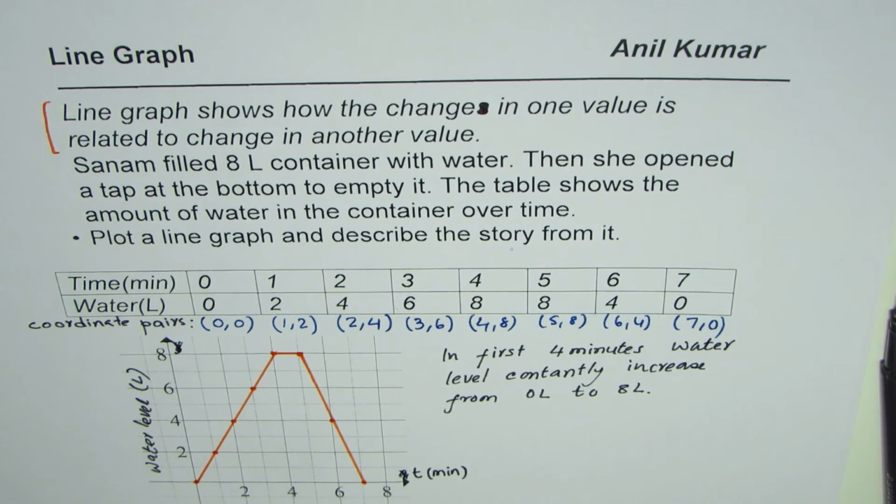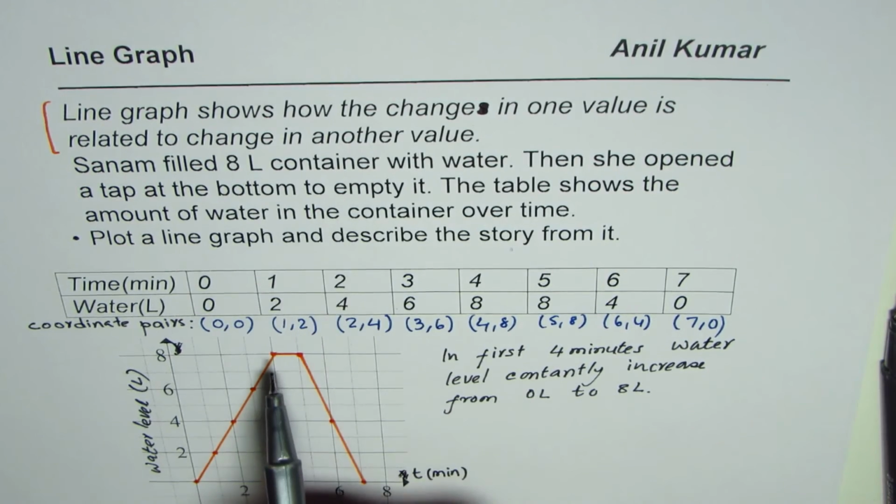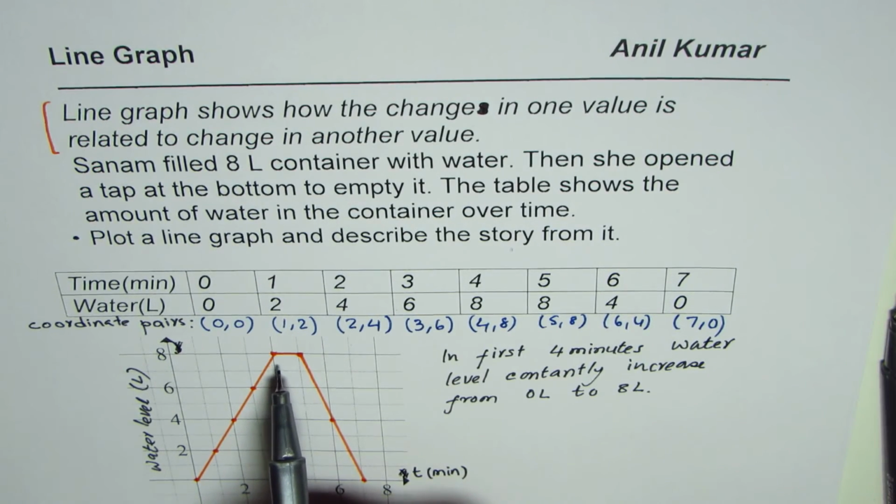Then from 4 to 5, for a minute, the water level remains the same. That means the tap filling has been stopped.